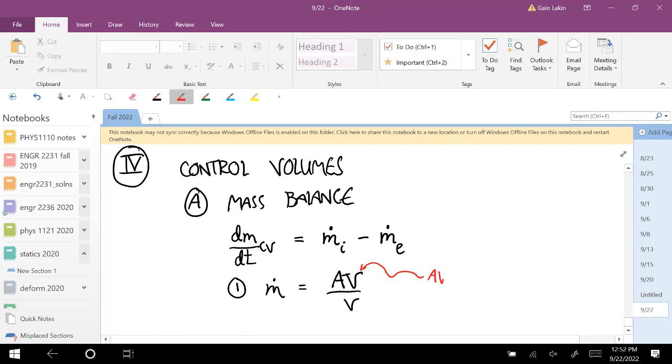Capital V is the average flow speed. And then area and specific volume.